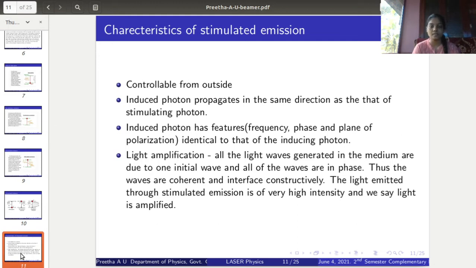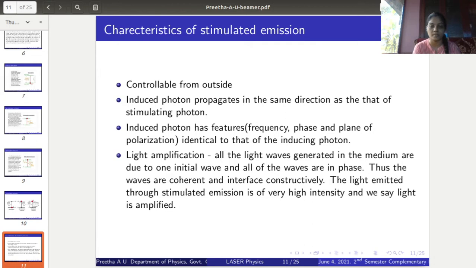This peculiar process is happening in lasers. So that's how light amplification is taking place in lasers, and that's why it's known as light amplification by stimulated emission of radiation.